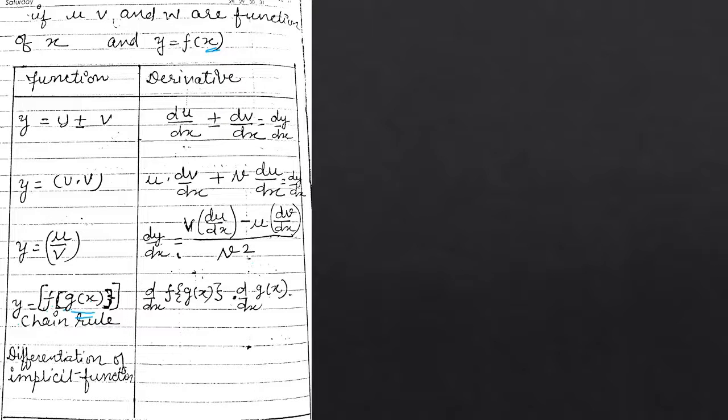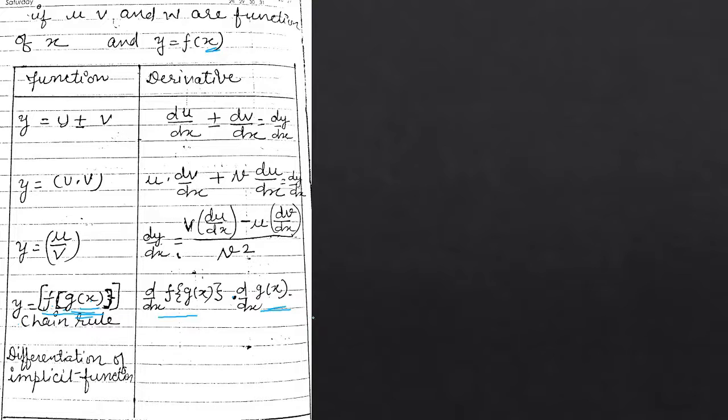Let's understand this with an example. In this case we will first find out the derivative of f, and after that we will find out the derivative of g, right?